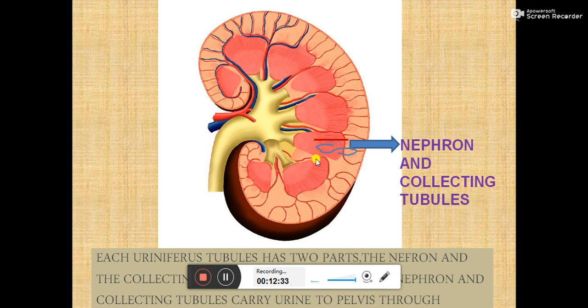So here we can see the green part, that is the nephron, which makes urine, and the red part, that is the collecting tubules, which carry the urine. The collecting tubule is connected with a lot of nephrons and it carries the urine from the renal pyramid to calyx, calyx to papilla, papilla to pelvis, and pelvis to ureter.